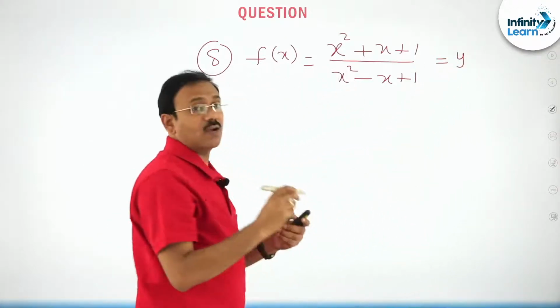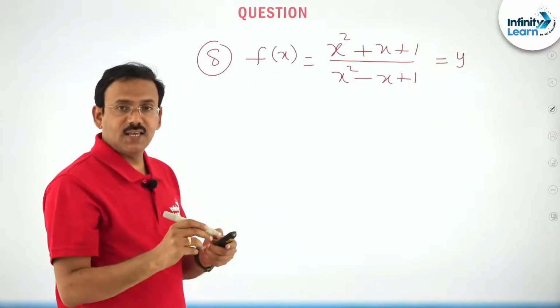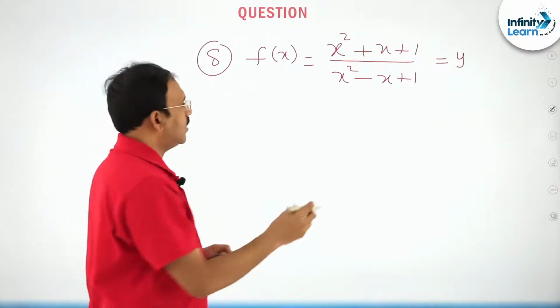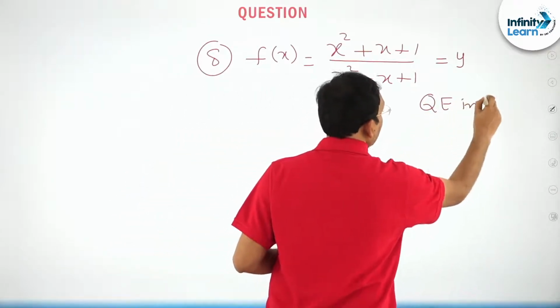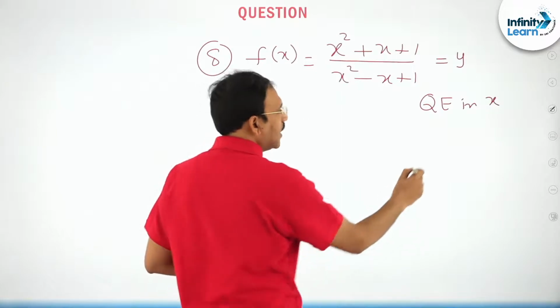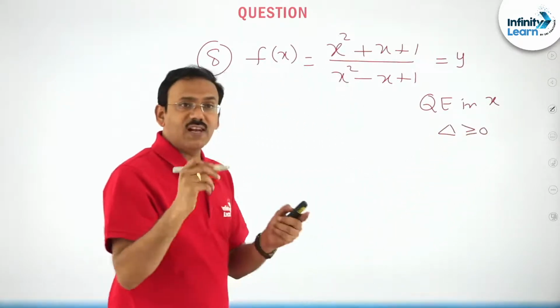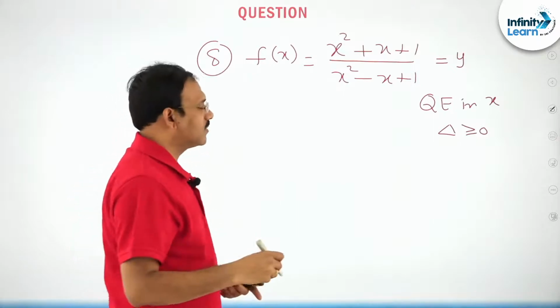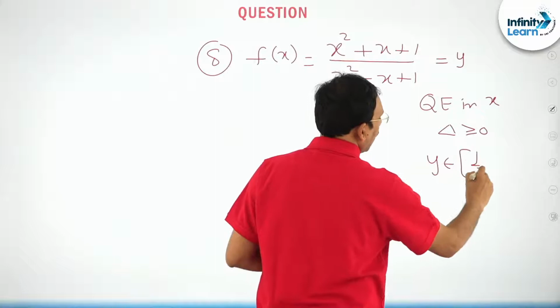We prepare a quadratic equation in x. Since x is real, apply delta greater than or equal to 0. You will get a quadratic inequation in terms of y, where you will get y belongs to 1 by 3 to 3.